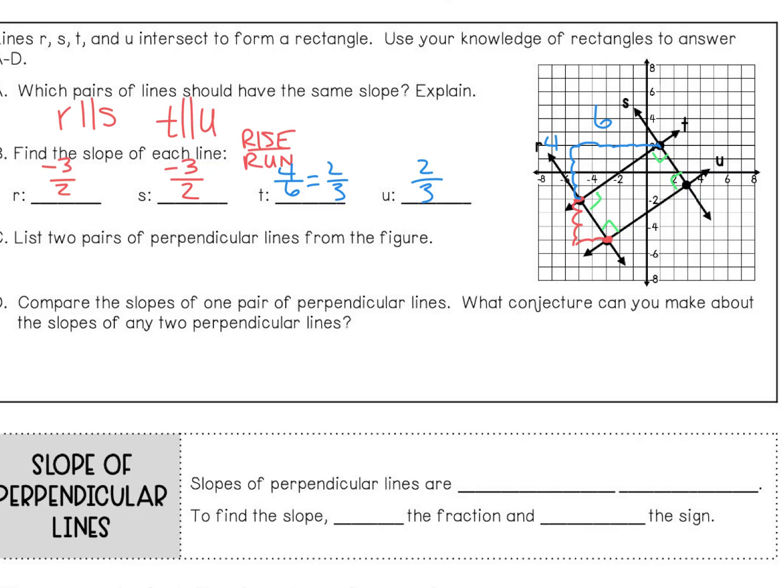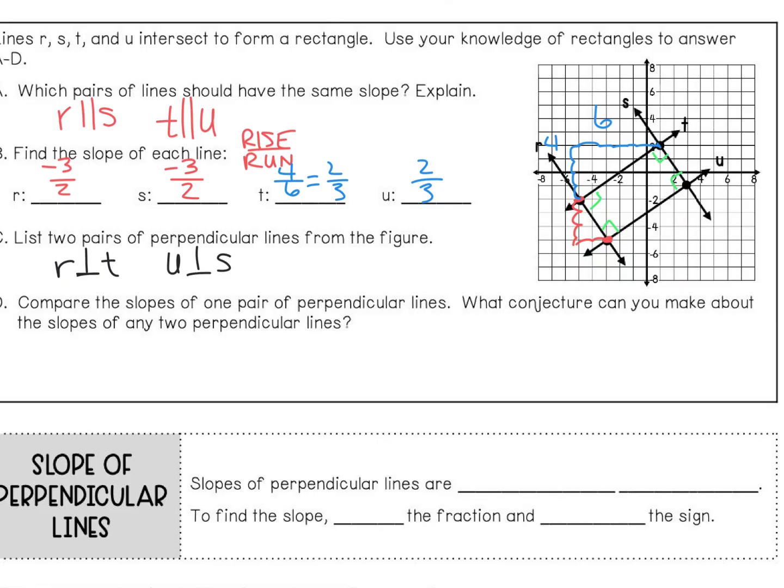Could we say, and here's the symbol for perpendicular, it's an upside down T, R is perpendicular to what? Perpendicular to T. Okay. What else? Could we say that U is perpendicular to what? It is actually perpendicular to R and S, right?